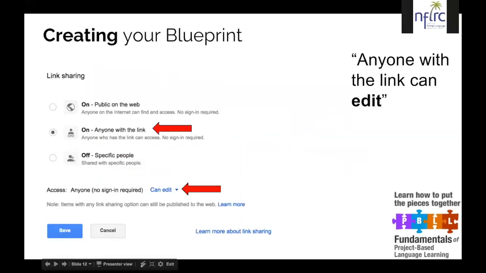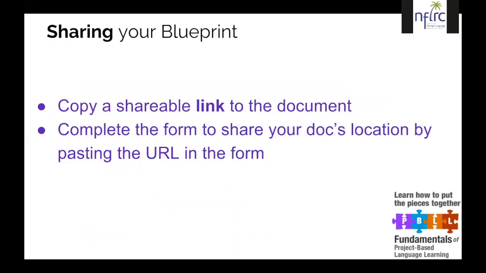The reason is that your colleagues want to comment on your document. The only way for them to do that is for you to change your setting to anyone with a link can edit, not just view or comment. Oh, sorry, and don't forget to click Save after that.